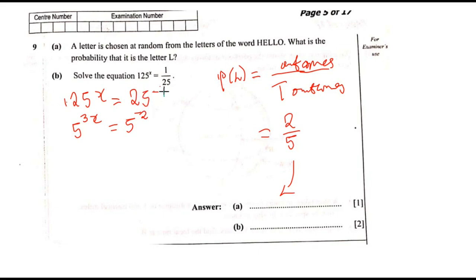And for the 5 here, we write it as 5 to the power 2, and then we multiply 2 times the power negative 1, and it will be 5 to the power negative 2. So if we have 5 here and we have 5 there, they're the same. This equal sign means that these two sides are the same, so we're not really going to divide, we'll just take them the way they are.